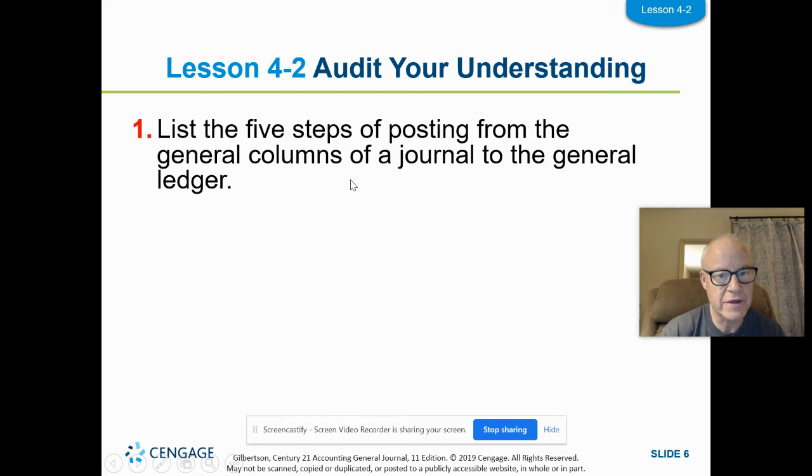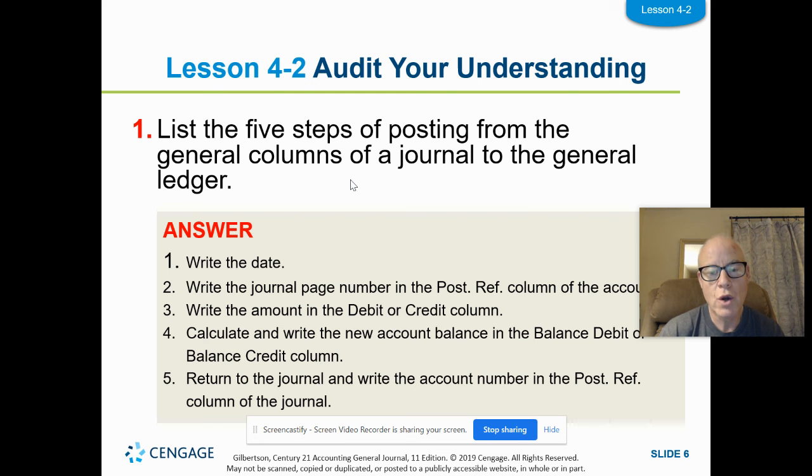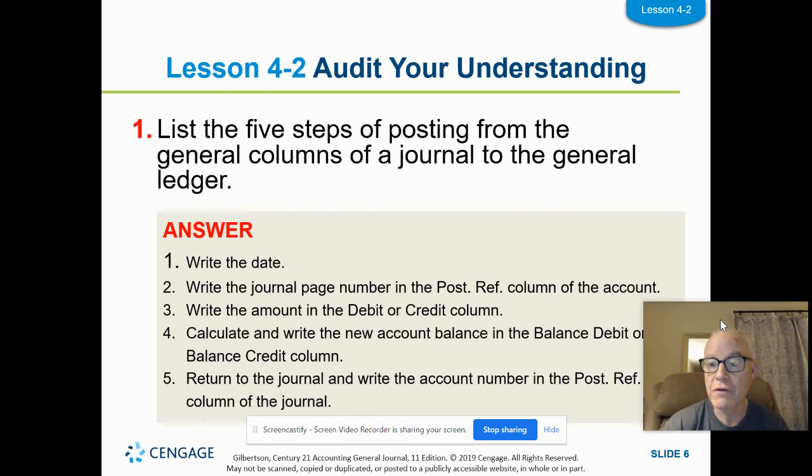So again, what are those 5 steps? Well, we write the date, we write the journal page number in the post reference column of the account form in the general ledger. We write the amount brought over from the multi-column journal into the debit or credit column.